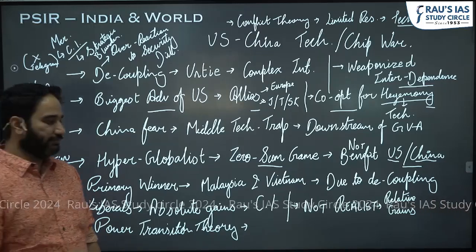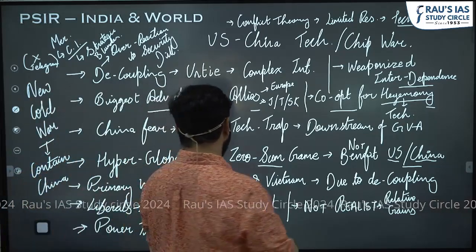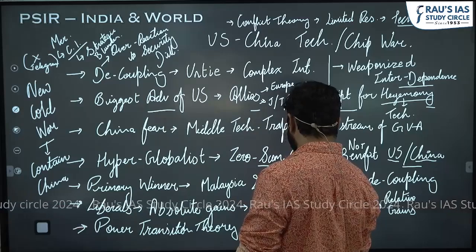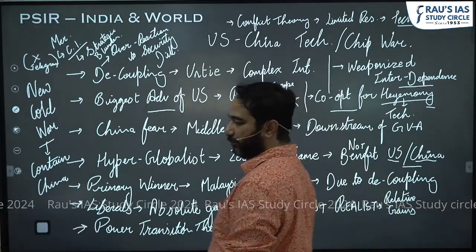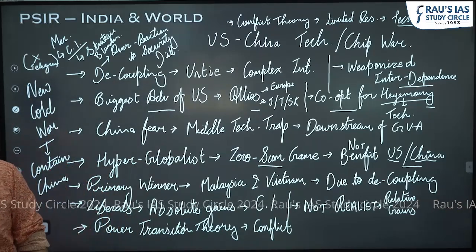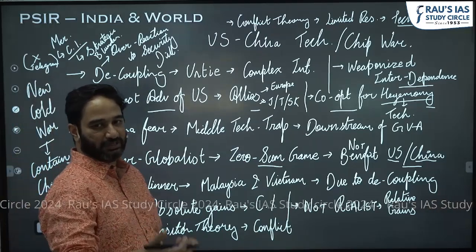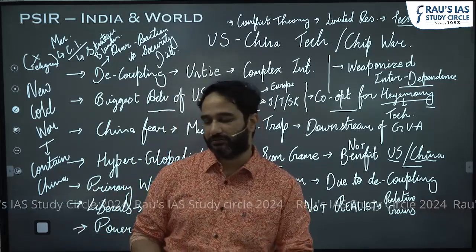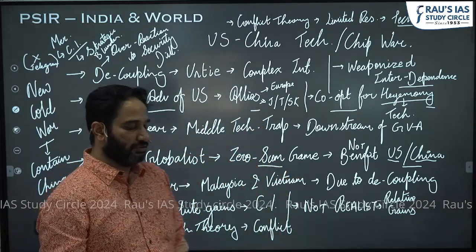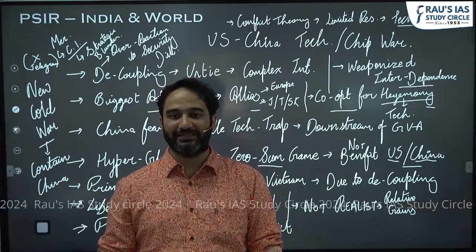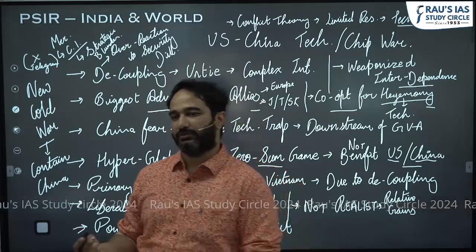This in itself would lead to a conflict between the US and China, with China as the rising power and the US as the dominant power. In the same paragraph, China is a dissatisfied power.